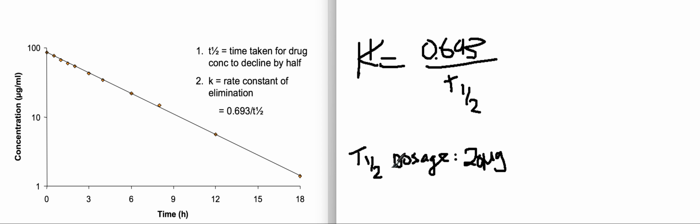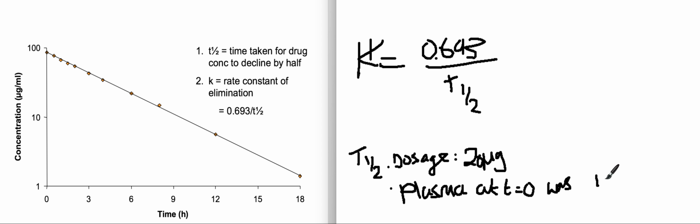and the plasma concentration, which is what we're interested in, so initial plasma concentration at T equal to 0 was 12 microgram, then half-life would be the time taken, whether in hours or minutes, mostly in hours for most of these drugs.